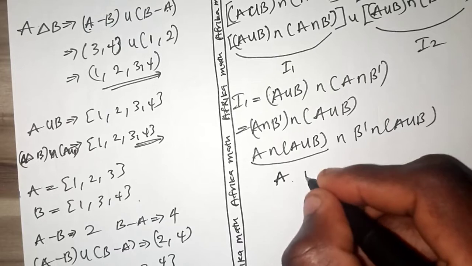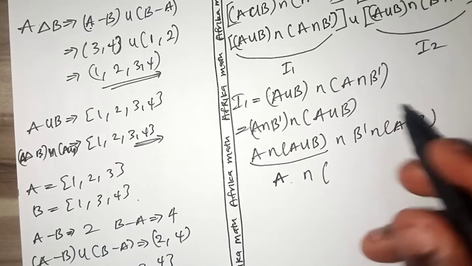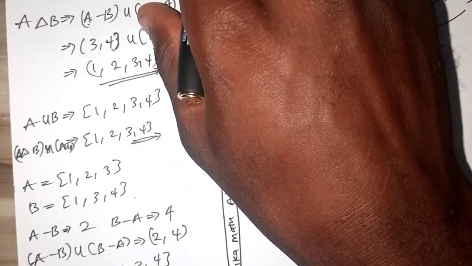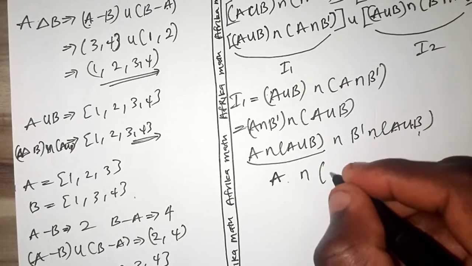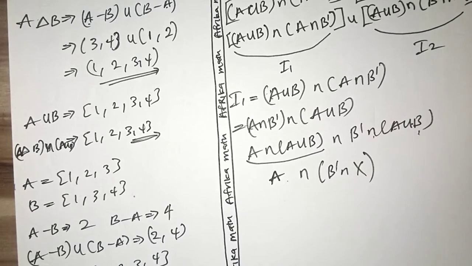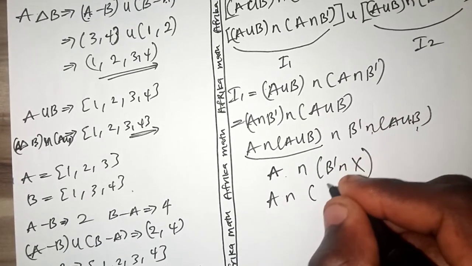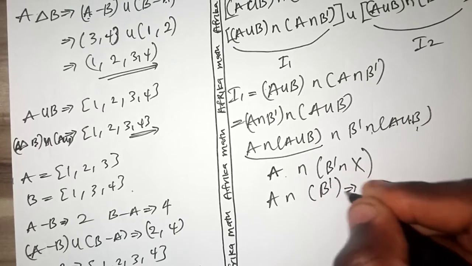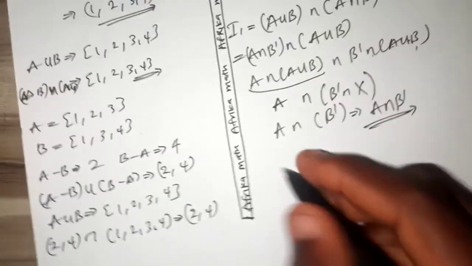This one will give us A intersect. Don't forget that A union B, because we are having two sets here and they said it is a subset of X, that means A union B will give us the universal set. So that will be B prime intersect X, which is B prime. So we have A intersect B prime. So our answer is A intersect B prime for I1.